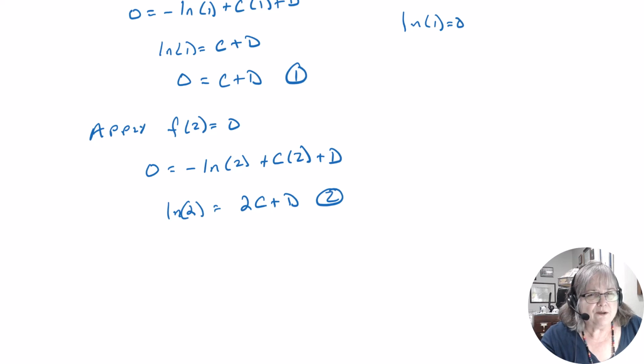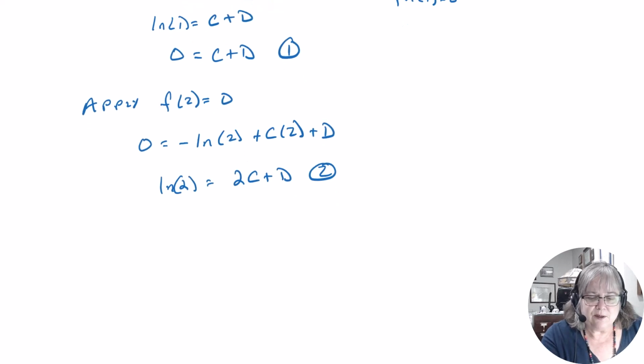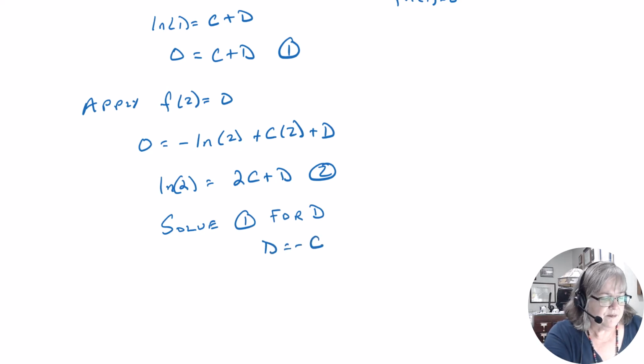So this should be triggering a little bell from pre-calculus and algebra, where you could either use the elimination method, get opposite c's or opposite d's, line them up, add down and eliminate a variable, or the substitution method. I'm going to use the substitution method, and I'm going to solve equation 1 for d. So d would be equal to negative c.